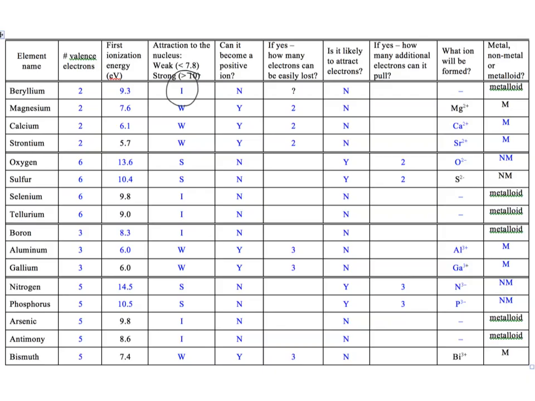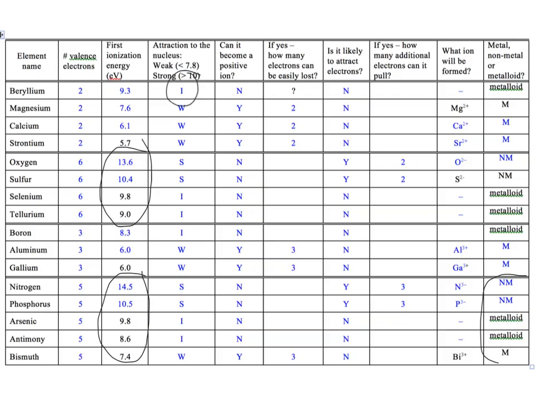We next examine the trends in first ionization energy for elements in group 6, which range from strong for oxygen and sulfur, to intermediate for selenium and tellurium. These latter elements are considered metalloids. Similarly, in group 5, the attractions of the elements for electrons range from strong down to intermediate to weak for bismuth.